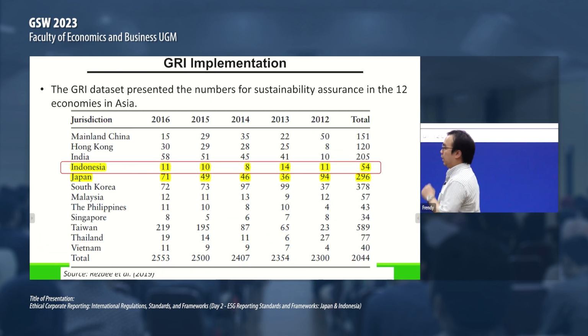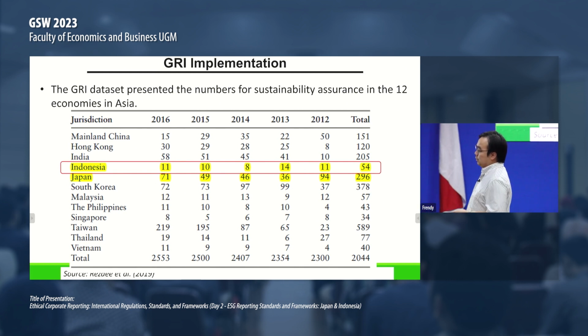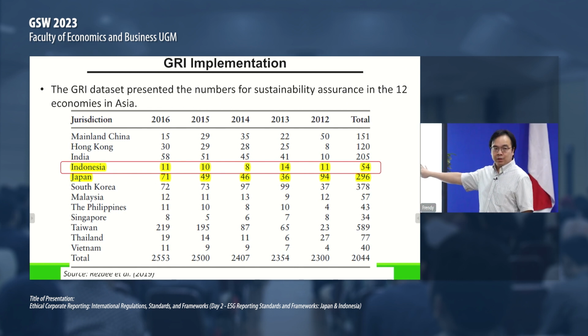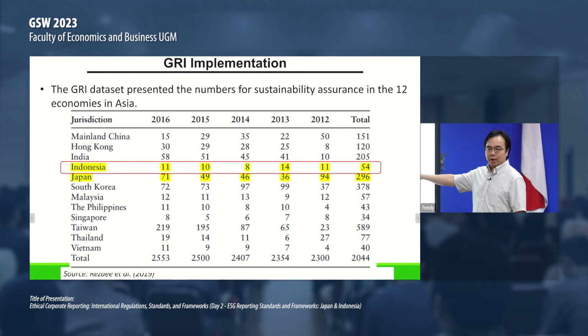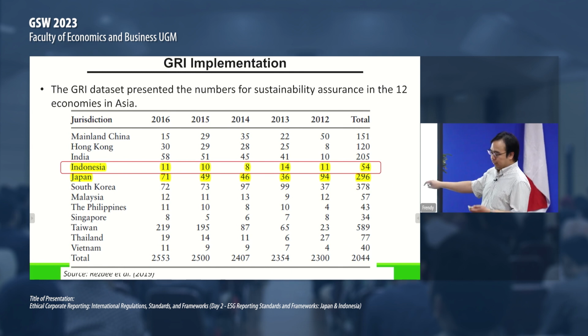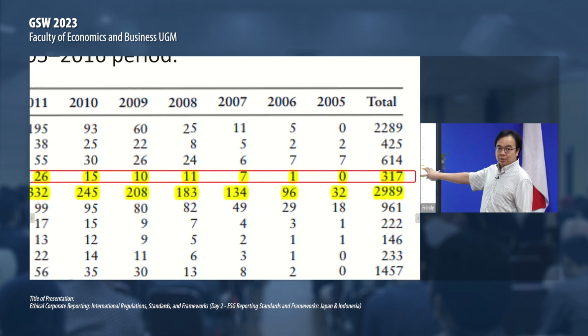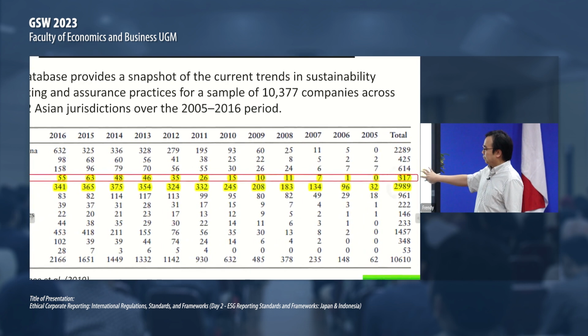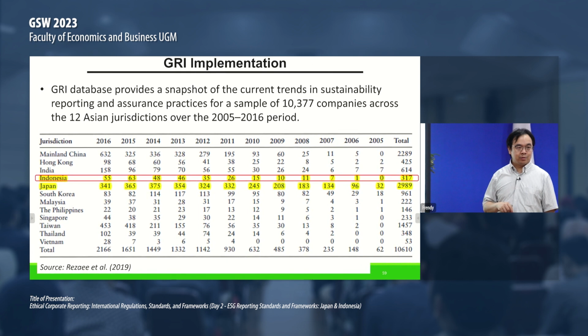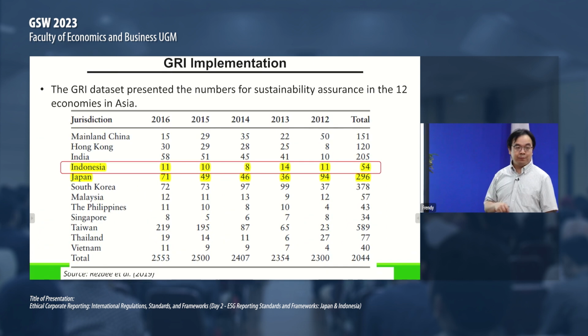And if we use the statistic, but this time for assurance, we can see the gap, okay? If we look at the previous list, there are 370 companies who publish GRI standards reports, but only 54 of those provide assurance, okay?